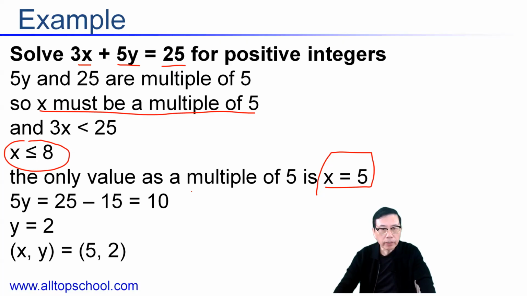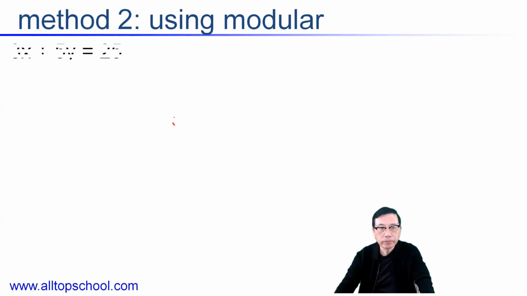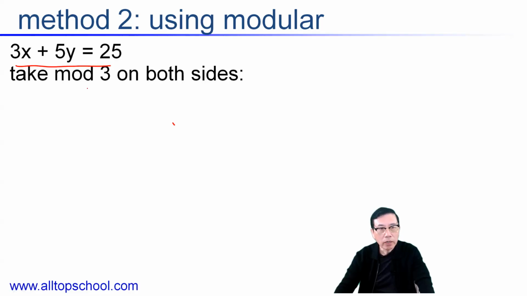And we have another way using a little more advanced method we call modular. The modular method is more advanced, like a combination-based approach. Same example, 3x plus 5y equal to 25. I'm going to take modulo 3, which is the smaller coefficient on the left-hand side.